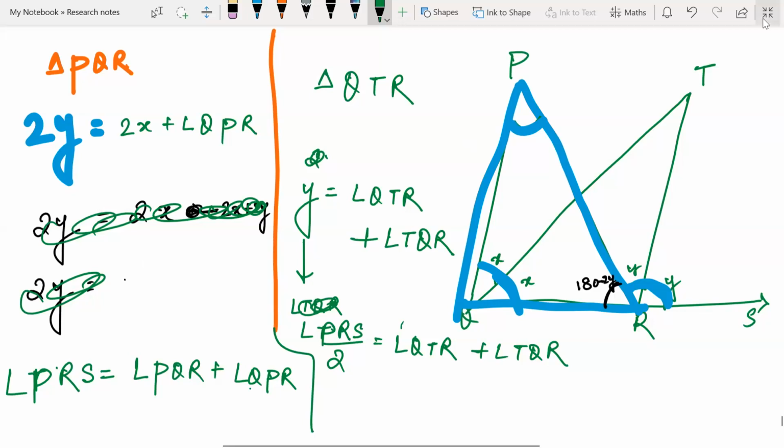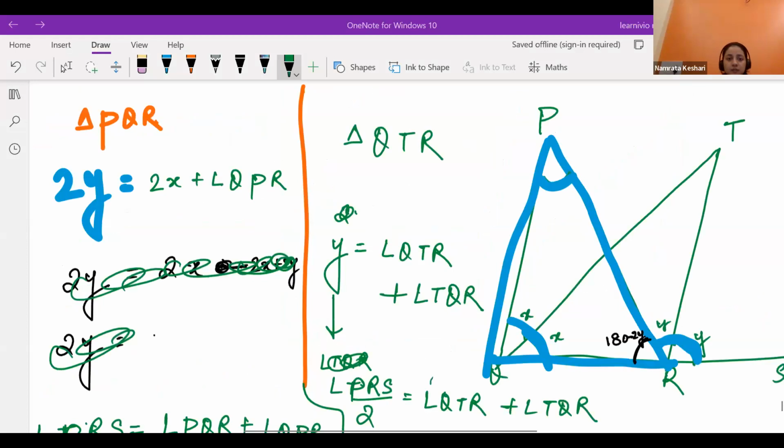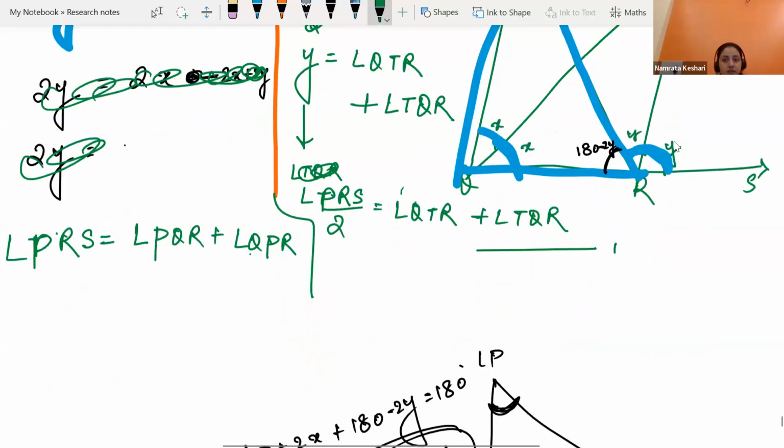Now, if we add these two, or if we replace, PRS is this, okay?